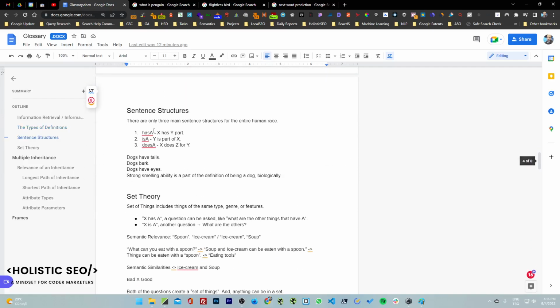Okay, so when it comes to the sentence structures, all the languages are different from each other. And usually we assume that there is no end to the human brain, to the human imagination, to the human mind.